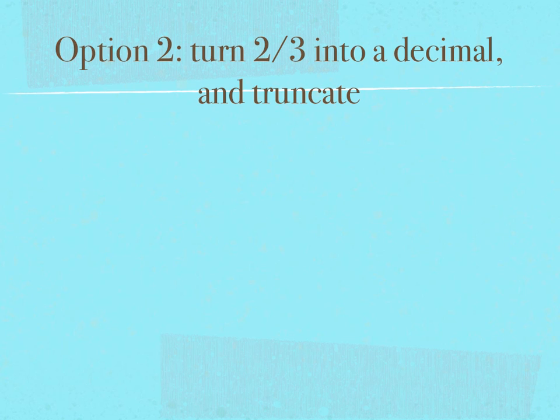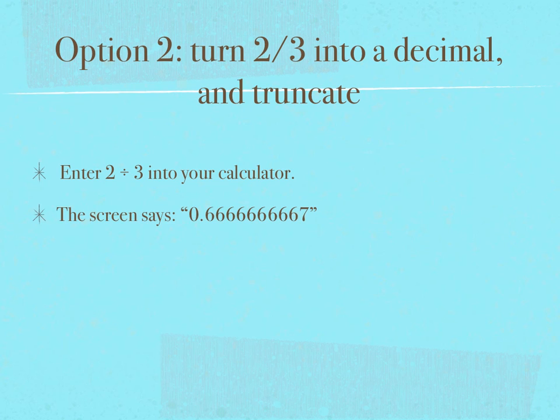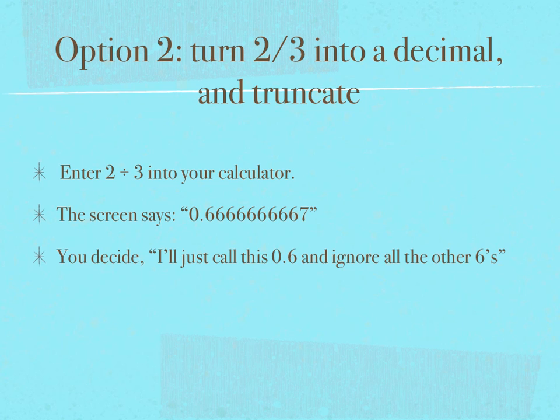Option 2 is you turn 2/3 into a decimal and truncate it. So again, you enter 2 divided by 3 into your calculator. The screen still says 0.666666667. And you decide, I'm just going to call this 0.6 because that's close enough. This is truncating, where you simply lop off all of the digits after the tenths place.